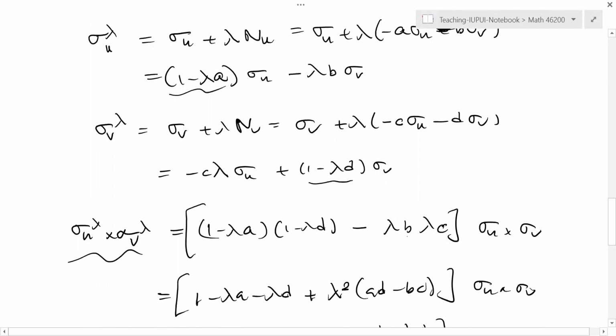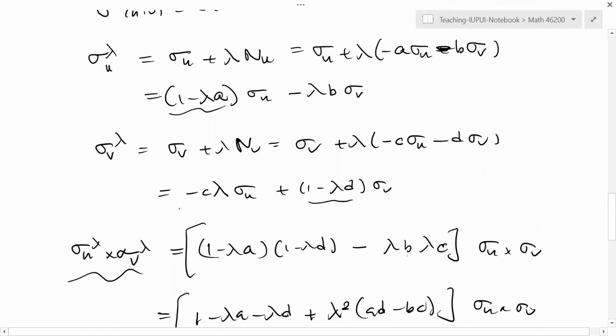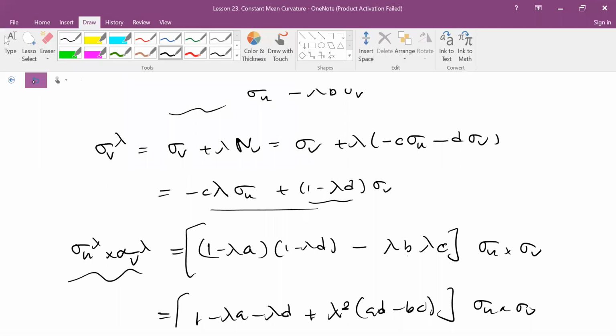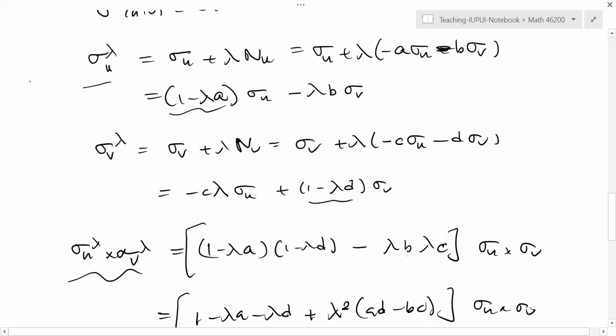So we find out this. I'm going to go back to this again. I'm going to rewrite this in some nice way. We already did the computation, right?